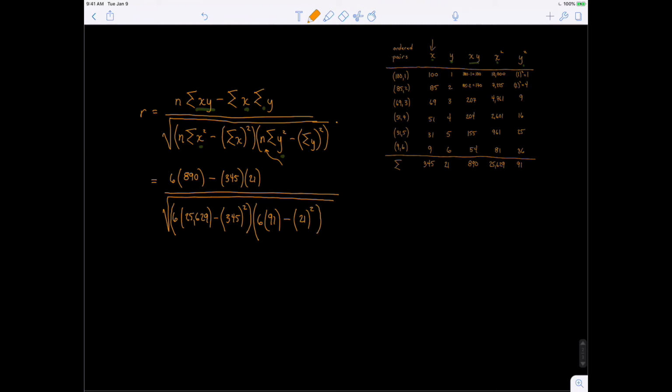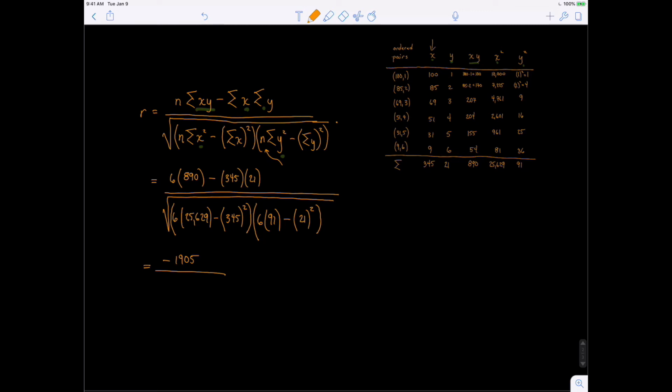Now, when you put this in your calculator, I would encourage you to do it in 2 parts. First, put exactly what's written in the numerator into your calculator and record that number. If you do that, you should come up with a negative 1,905 over the next number.